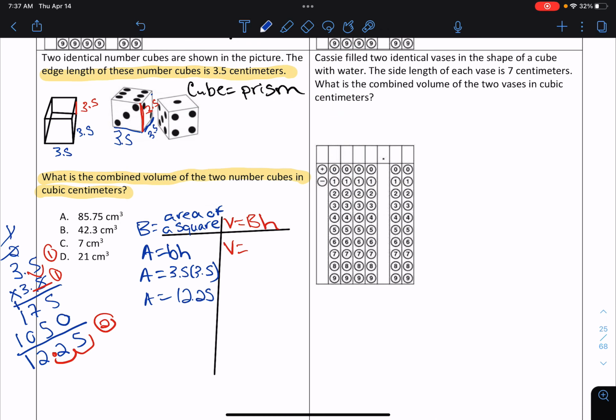Okay, so now we're going to go ahead and find our area. And remember, when you're going to find, I'm sorry, not our area, our volume. And to find our volume, we have to bring that area of the base over. So we're going to have 12.25 times the height. And remember, the height is 3.5 because it is a cube. So all my side measures are the same. So 12.25 times 3.5.